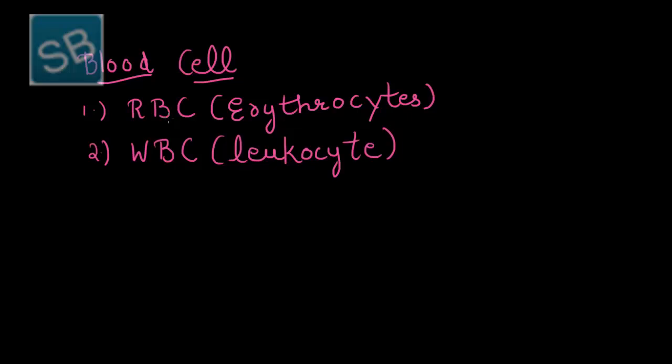Blood cells are basically of two types, RBC and WBC. RBC, that is red blood cells, are also known as erythrocytes, and WBC, that is white blood cells, are also known as leukocytes. Let us first of all begin with erythrocytes.